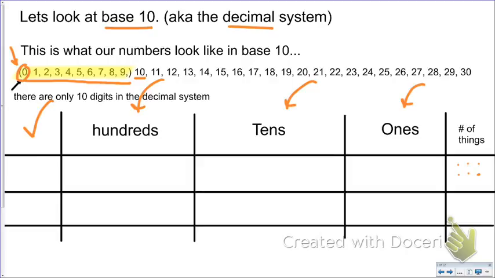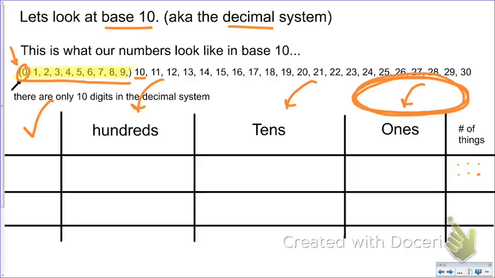In every system that you're going to be working with, at least in this class, you're always going to have a column or a grouping of 1. Groups of ones. How many of one item do you have? In our base 10 system, we can have groups of ones from anywhere from 0 to 9.